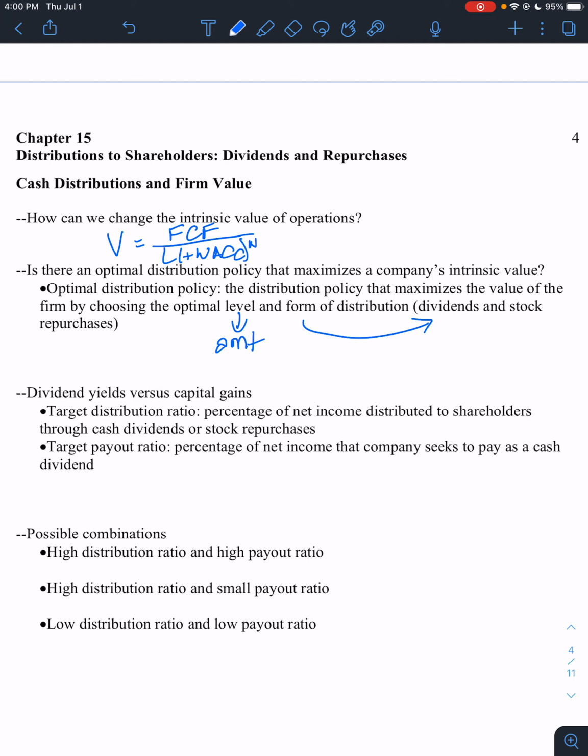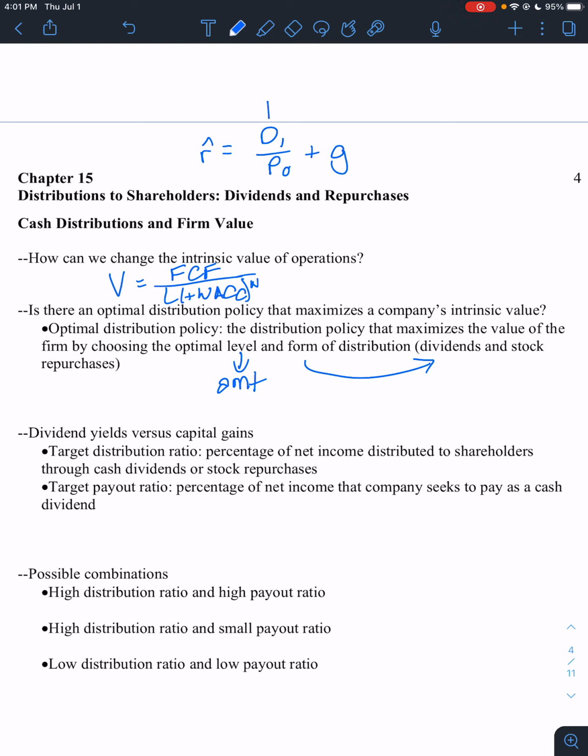Now, there's another thing to point out that isn't explicitly in the notes, but it's something that you should remember from your previous classes. This is how we define the expected return on a stock. D1, the dividend expected at time 1 divided by the price, plus the growth rate, correct?